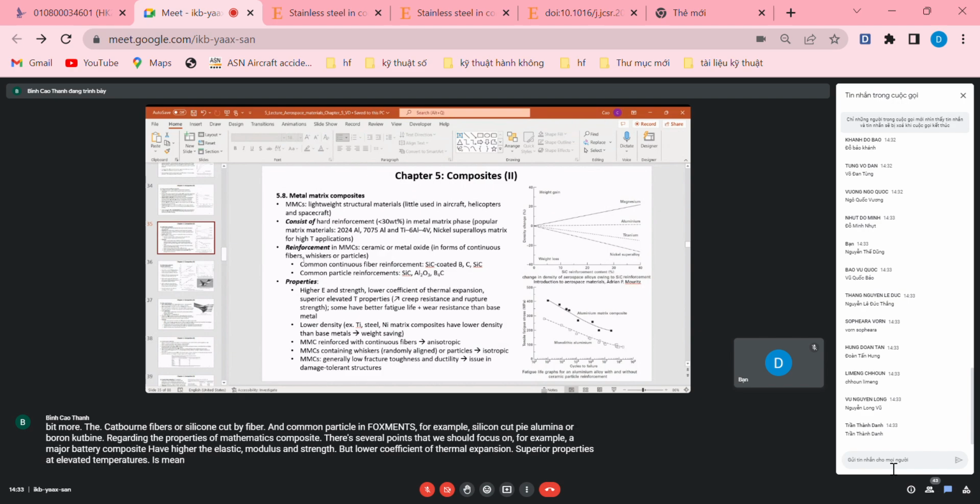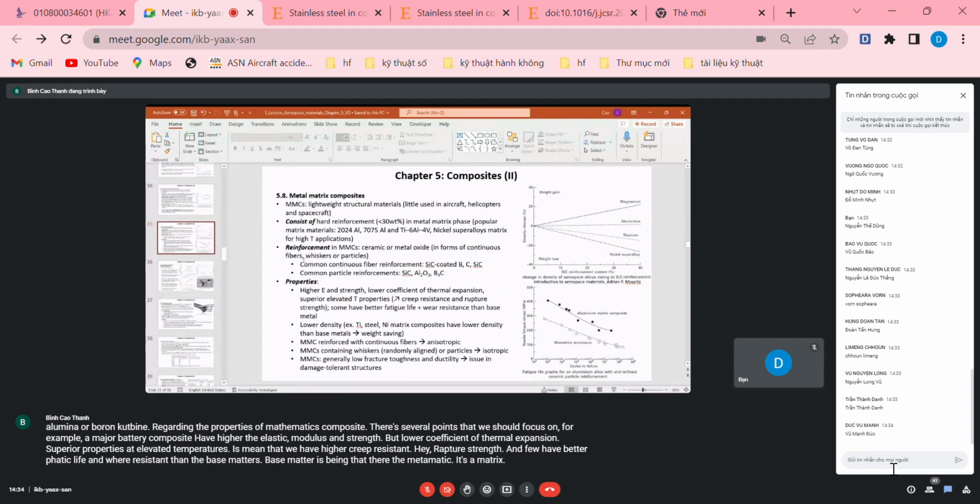This means that we have higher creep resistance, higher rupture strength, and better fatigue life and wear resistance than the base metals. Base metal means the metal matrix. Sometimes we call it metal-based composite, or sometimes metal matrix composite. They have the same meaning actually.